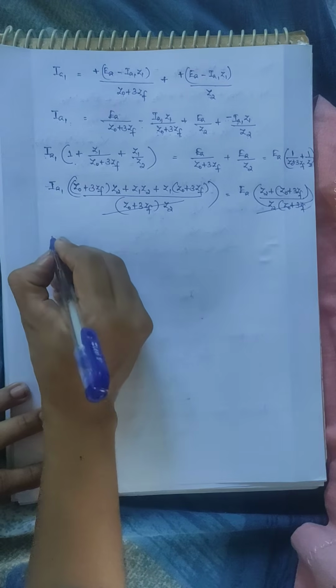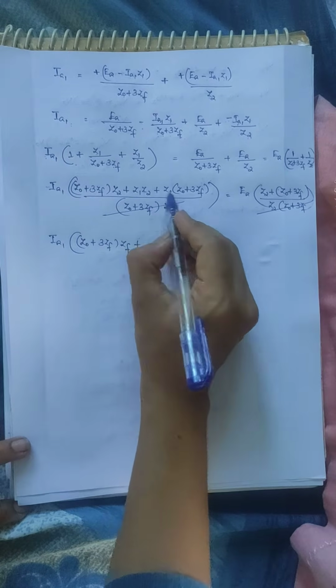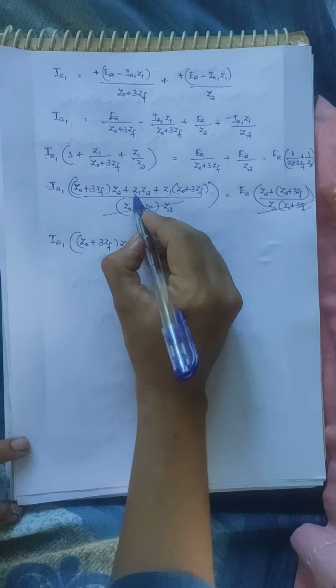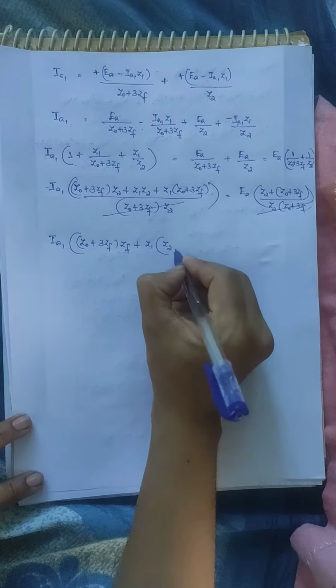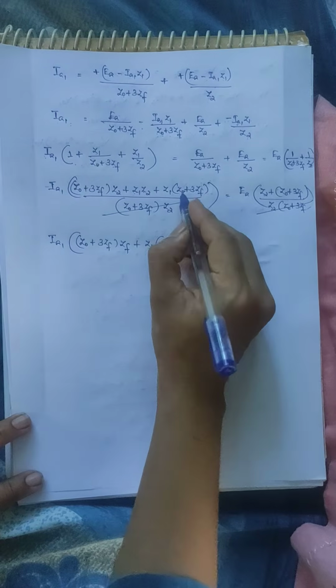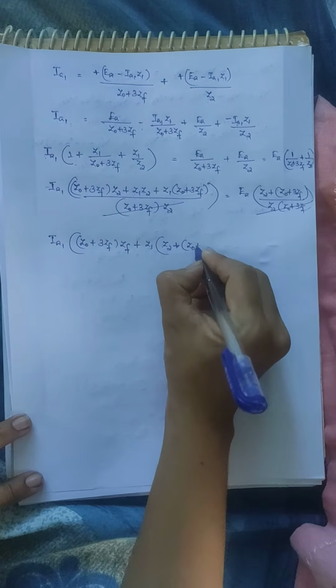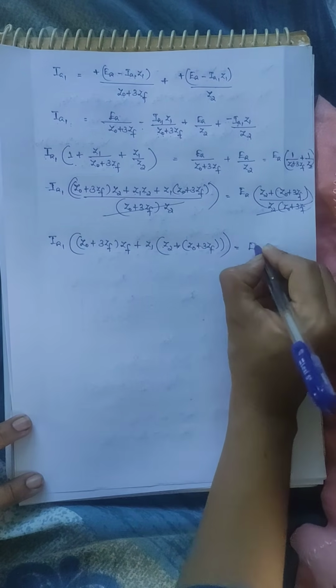Now the remaining equation is IA1 into Z0 plus 3ZF into Z2 plus, so see the second and third terms, Z1 is common in both these terms. So take Z1 common, then it will be Z1 into Z2 plus Z0 plus 3ZF. Okay, and the right hand side is EA into Z2 plus Z0 plus 3ZF.